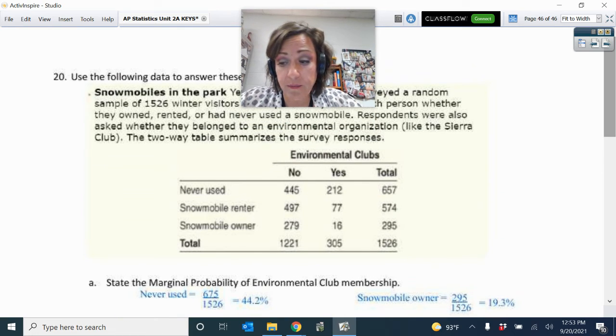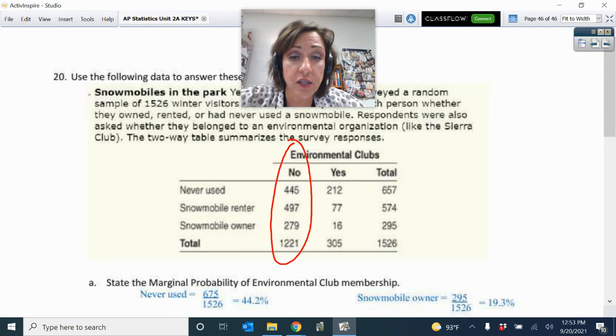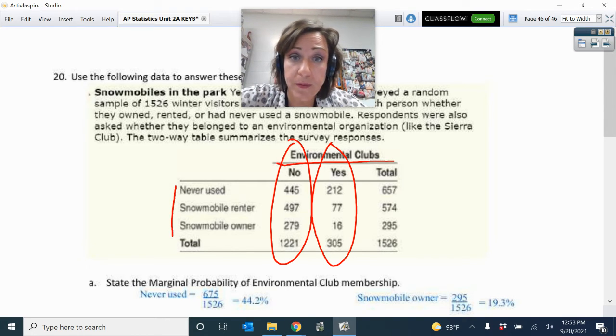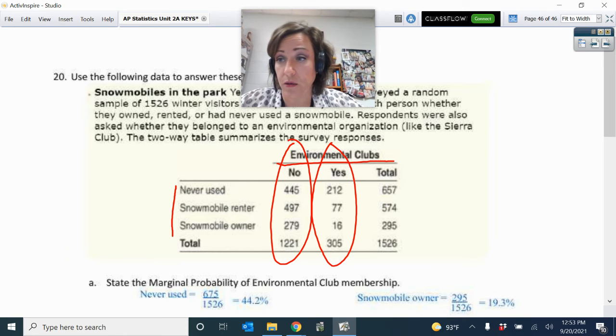So let's remember independent: when the fact that you are one thing does not change the rate. So if no or yes in the environmental club did not change the rate, then environmental club and snowmobile usage are independent. Okay, but that's not the case.